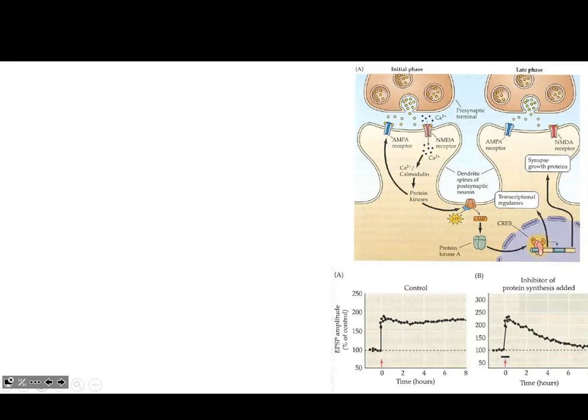So let's look at prolonged LTP, right, on the magnitude of many, many hours, even days. And what's going to be happening here are synthesis of new receptors.